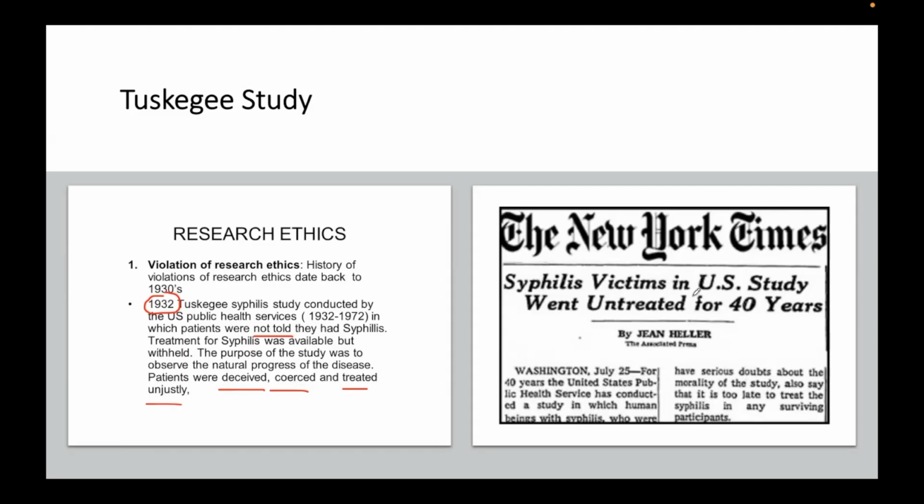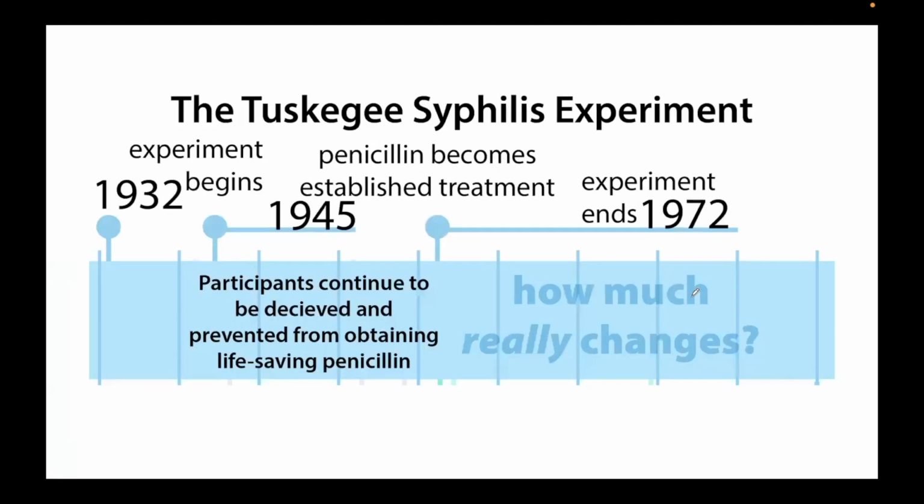Syphilis victims in the United States study went untreated for 40 years. Treatment was withheld, and the patients did not know that there was already a treatment, which in this case was penicillin, that was discovered. Now, this is the Tuskegee syphilis experiment, and I want you to see what happened.